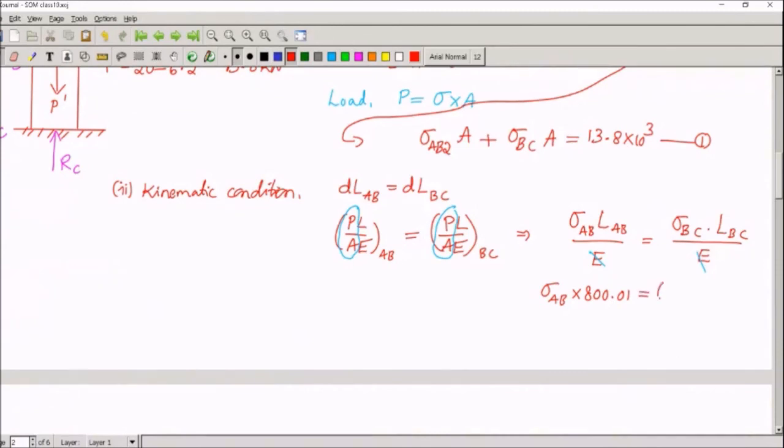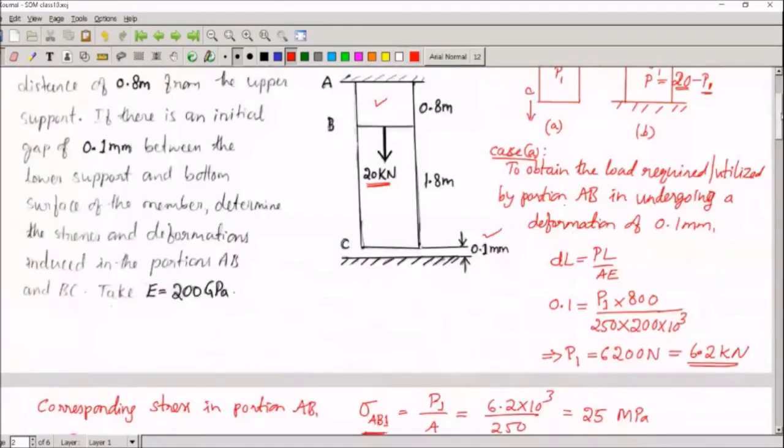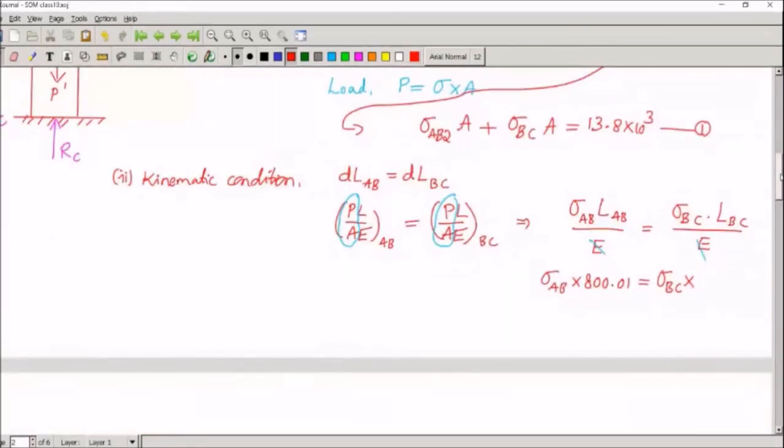This should be equal to sigma BC into the length of portion BC, 1.8 meter, which means 1800 mm. So this equation can be simplified, and sigma AB2 is equal to, I think you will get it as, 2.25 times sigma BC. So this is the kinematic condition, equation 2. Now substitute equation 2 in equation 1.